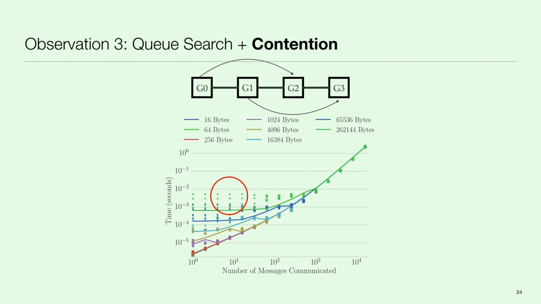The other issue that we'll see is when we have lots of messages and lots of large messages in the network, that there's opportunity for congestion in the network. And modeling point-to-point contention is very difficult.